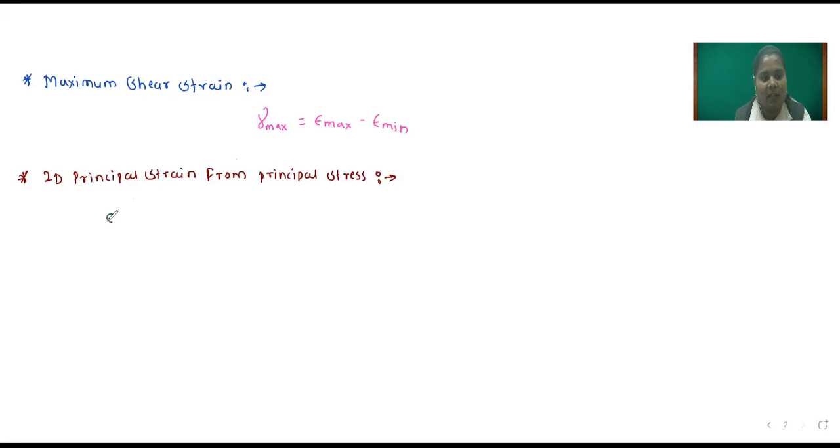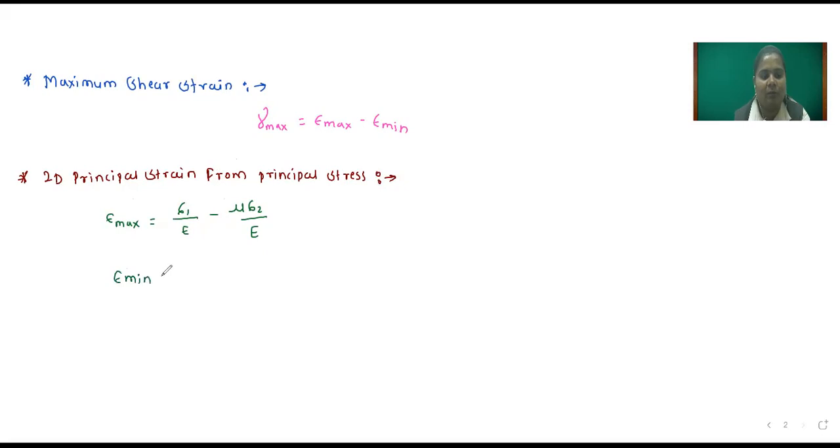Epsilon maximum is equal to sigma 1 upon E minus mu into sigma 2 upon E. This is the first one.